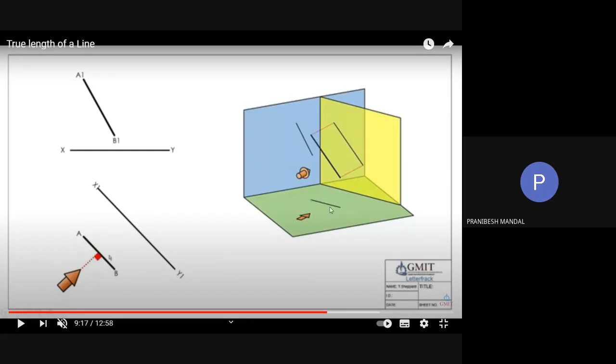See, this is the horizontal projection. We have taken a plane parallel to this projection, this yellow plane, right? And on this yellow plane, this particular line is seen in its true length. Is it clear to you guys or not? Yes, sir.